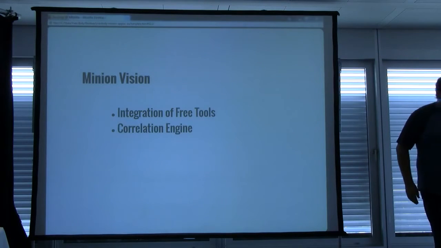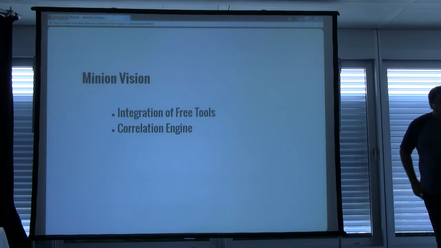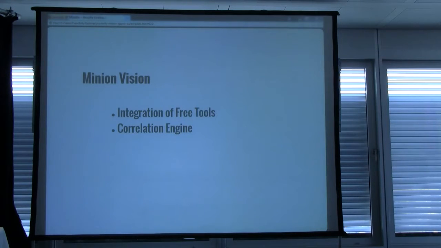One of the next big steps we're working towards is a correlation engine. A lot of these tools return similar types of results. We want to work with other projects that have done work like this in the past and correlate the results of all these different tools so that you can have a confidence level when you see a report. If the tool has a confidence level, that will show up, but if it doesn't, then you can have false positives.